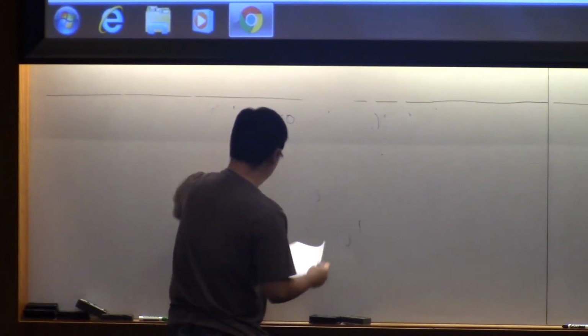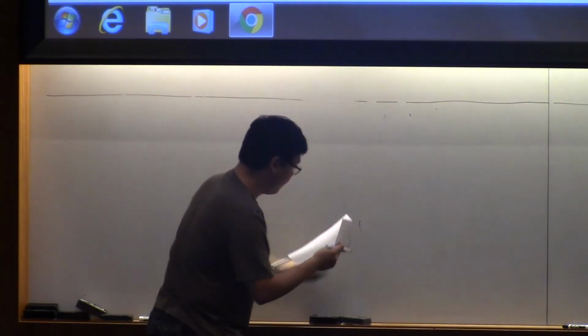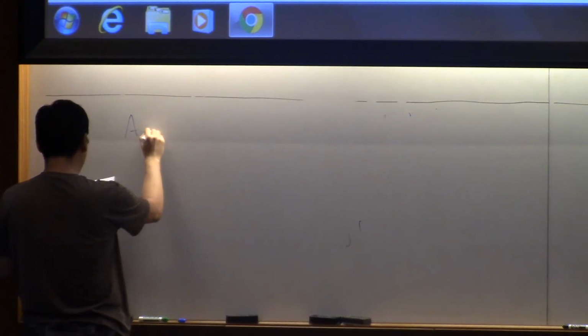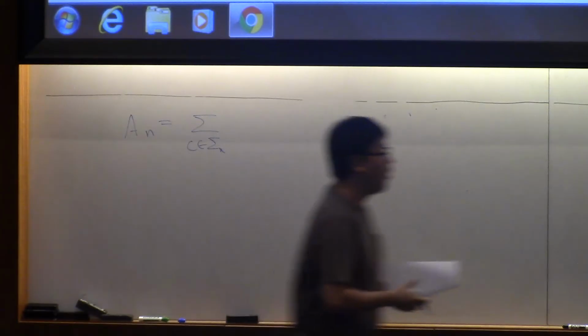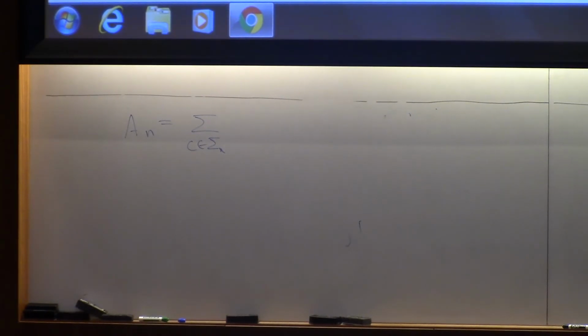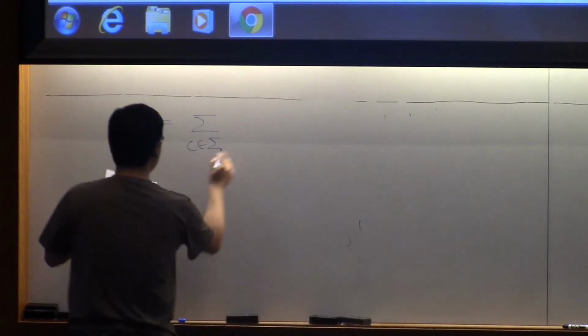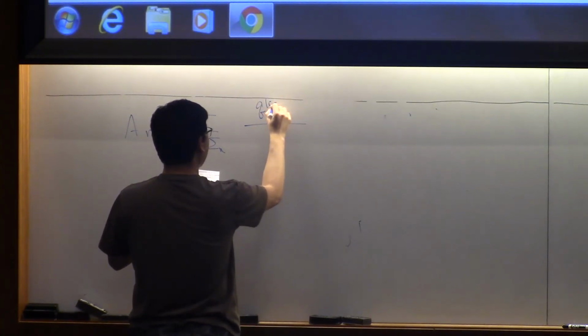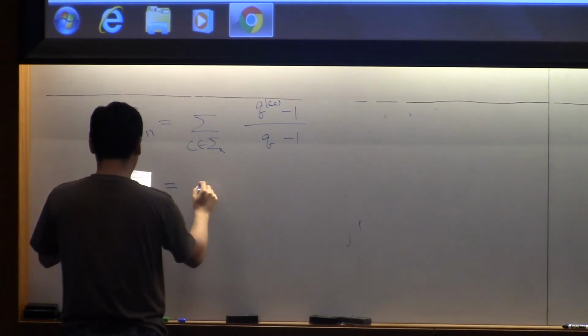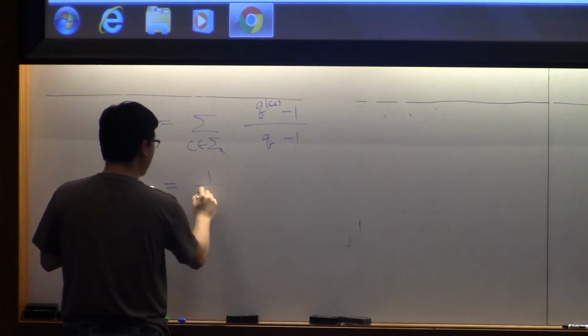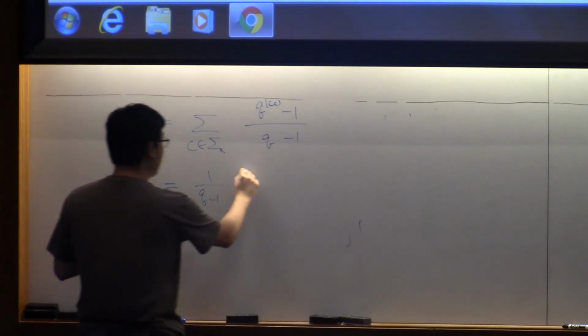And then we take the sum, and we get the number of effective divisors of degree n. We have that A_n is equal to the sum over all C inside this set of representatives of (q to the l(C) minus 1) over (q minus 1). If you want to simplify, 1 over q minus 1 is a constant.